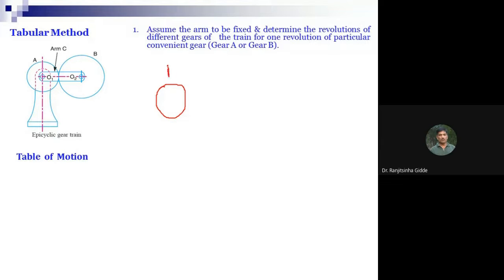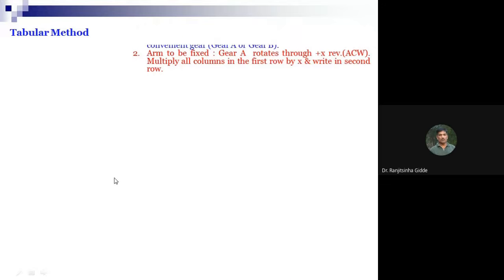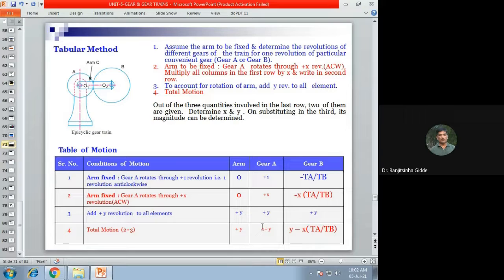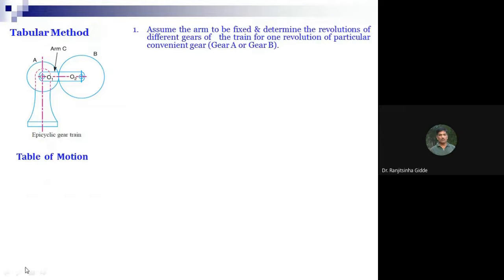This is gear A, and this is gear B, and this one is the arm. Whatever the figure, such a figure will be given.